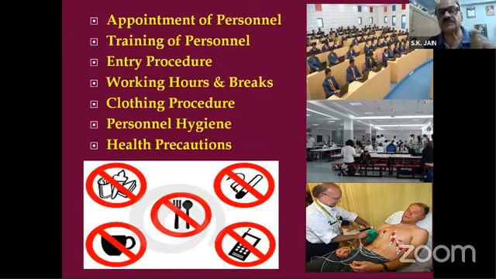It should be as per the requirement of the pharma industry, right? Whether the personnel is trained or not. If he is not trained, then you have to train them. Then training of the personnel: how you are giving training to the appointed persons who will be working in the pharmaceutical industry.